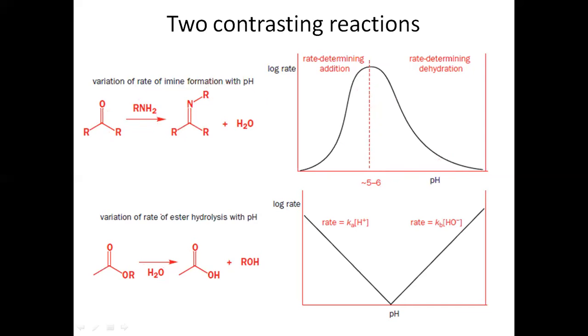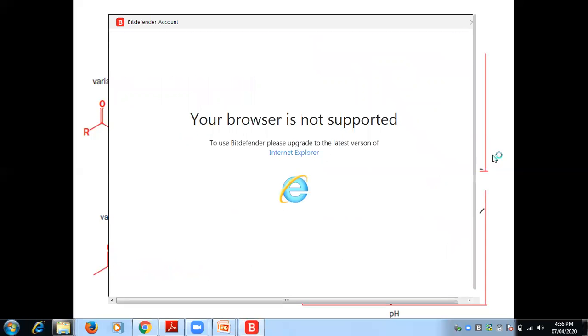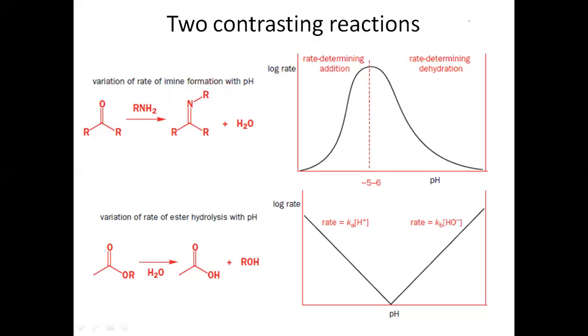Whereas if you consider ester hydrolysis at about neutral pH, the reaction is very sluggish. If you consider either the acidic pH or the basic pH, the reaction proceeds very fast. So these are just two contrasting reactions that you have in your syllabus.